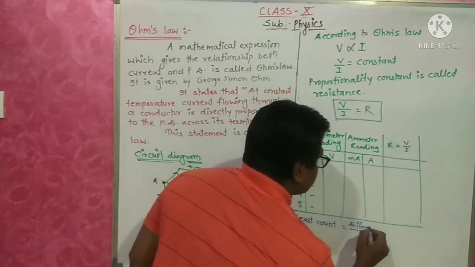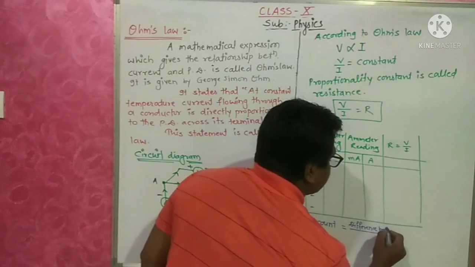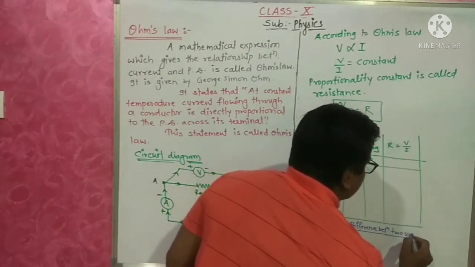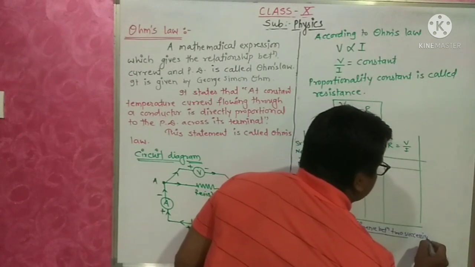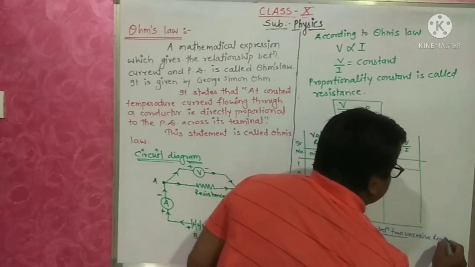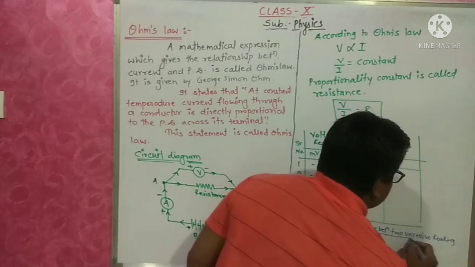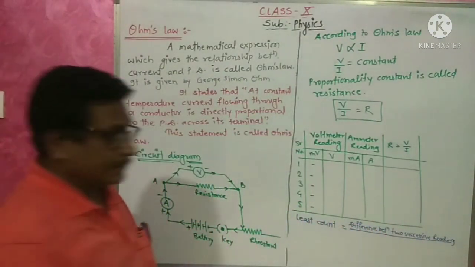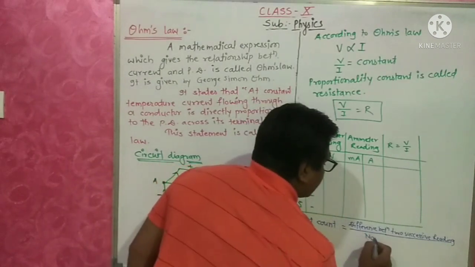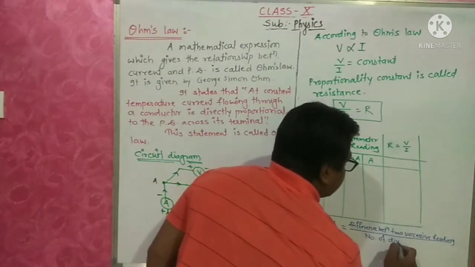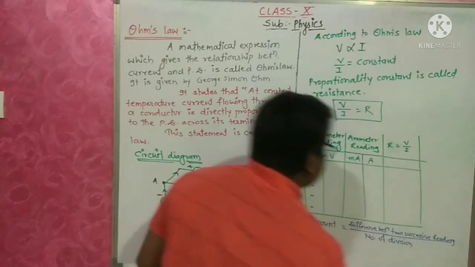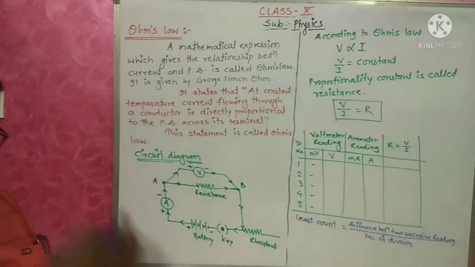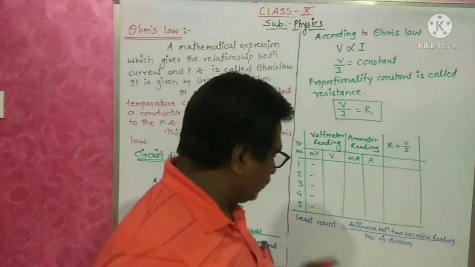Difference between two successive readings, divided by number of divisions. This is the formula for least count of any scale. Least count we can find.